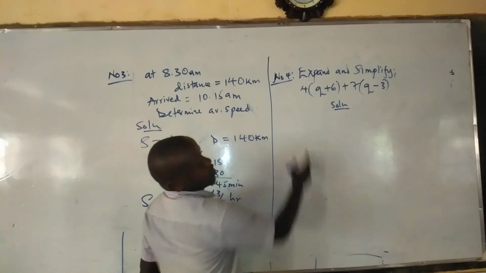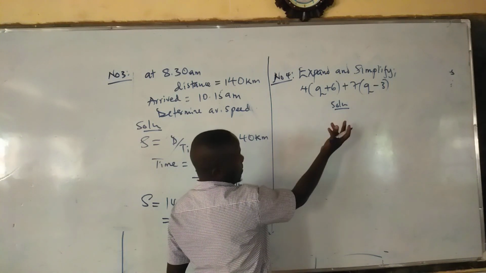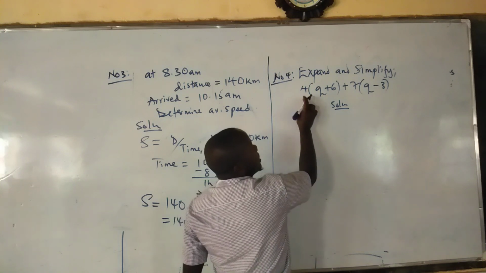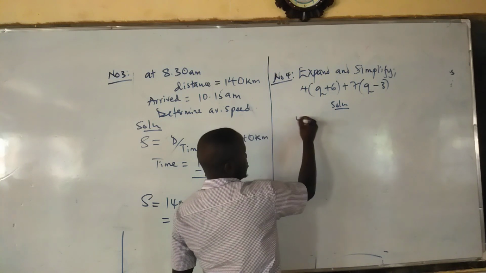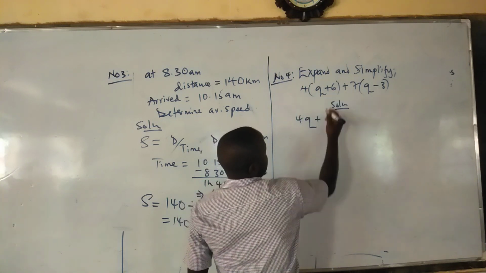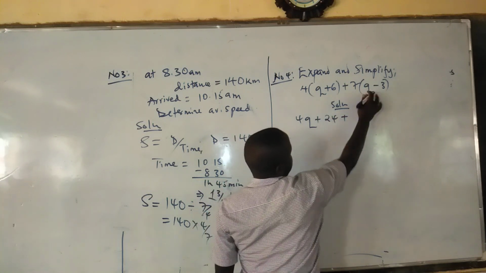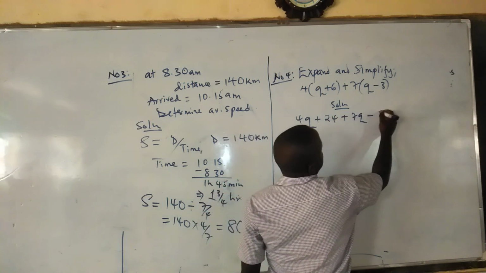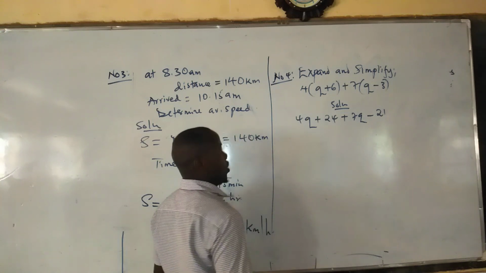Solution. To expand this one, and you're given 2 marks, it will be opening the brackets first of all. So 4Q plus 4 by 6, 24, plus 7 by Q, 7Q, minus 7 by 3, 21.